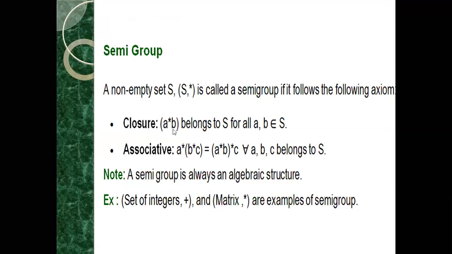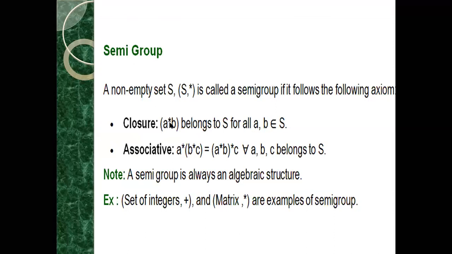A star B belongs to S for all A, B belonging to S. If we consider two elements A, B and apply the given binary operation, the result also belongs to S. Then we say that this set satisfies the closure property.